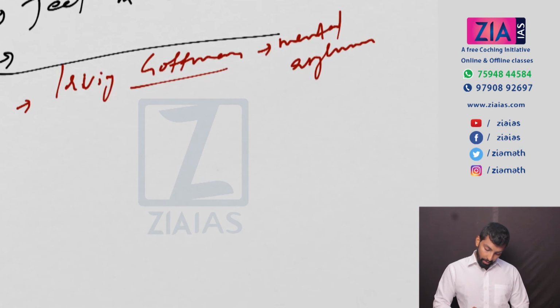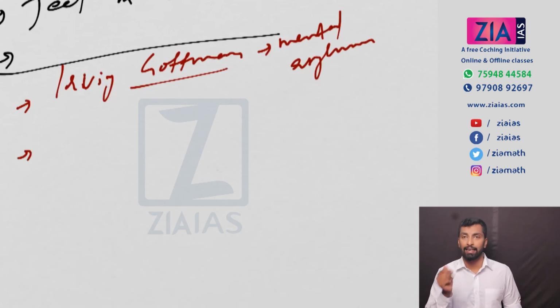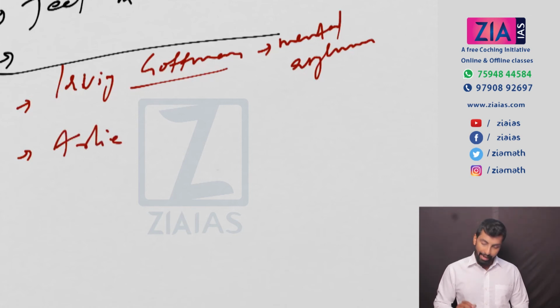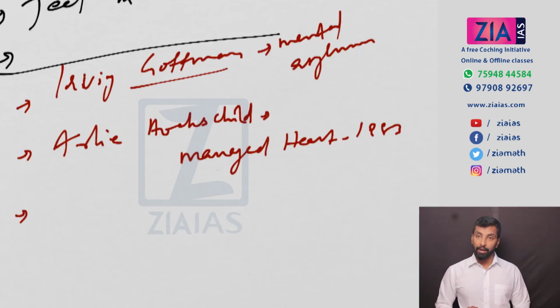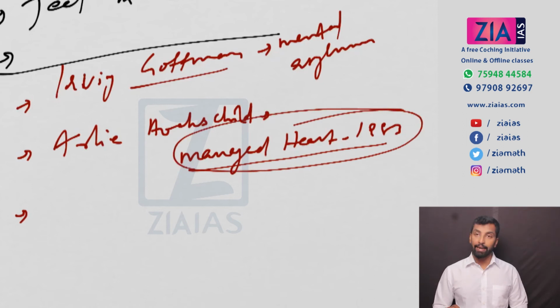Then you can write one more study. You don't want to discuss too much or in detail about the study, just one word is enough, just to give a value addition, maybe half a mark extra. So you can write Arlie Hochschild, and this you can write in some other areas also. I'll come to that. Arlie Hochschild in her Managed Heart in the year 1983. And one more you can write: there's a study in Delta Airlines.